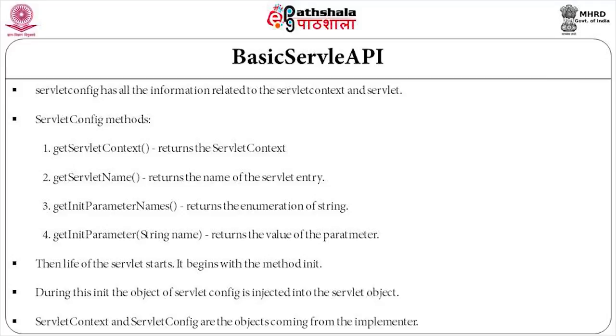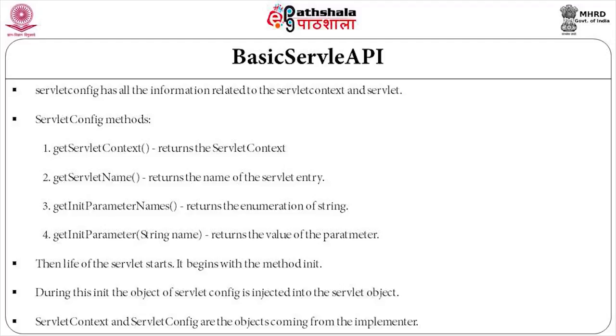So, we have getInitParameterNames returning an enumeration of string, and also, if we know the name of a particular init parameter, here also we get the method called getInitParameter, where you pass the name of a parameter and fetch its corresponding value. So, what are the methods in servlet config?